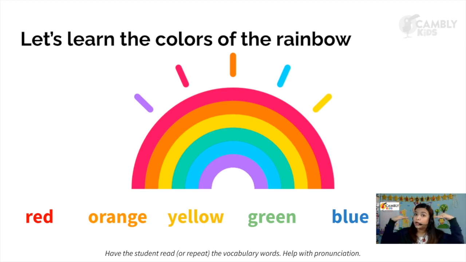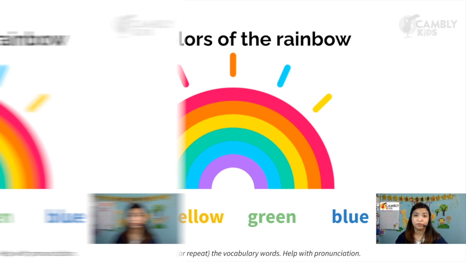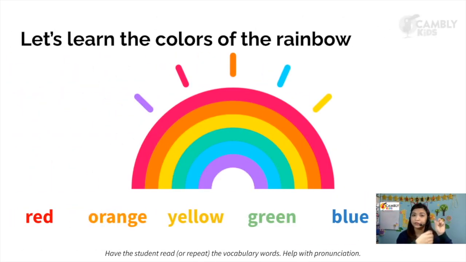How old are you, Olivia? 8. Good. Say, I am 8. Great. So in that third sentence, I just show you how to teach your student to speak in full sentences, because that's another point that Cambly Kids will look for in your application video. Again, so for introduction, don't forget to use TPR, slow speech, and let the student speak.